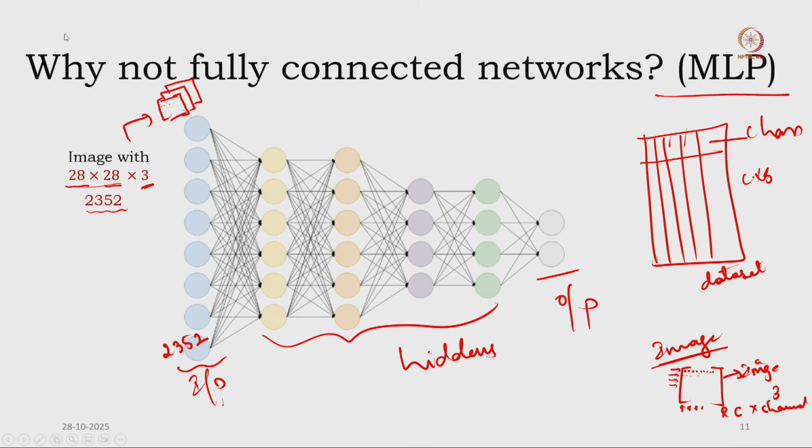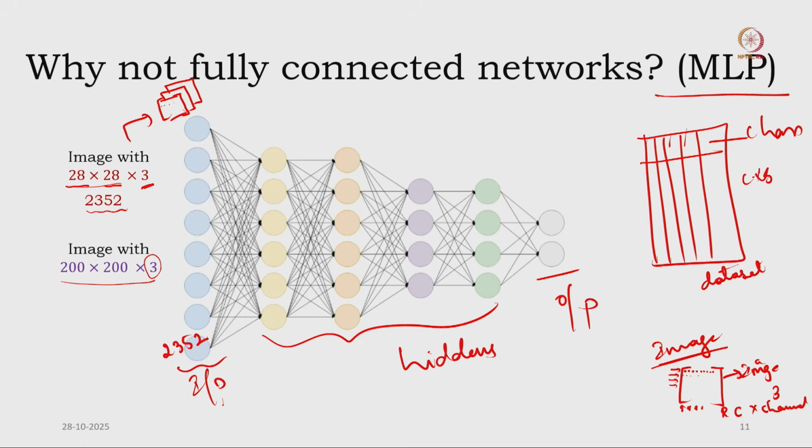And if you look at this 28 cross 28, this is such a low resolution image that you cannot understand any feature present in the image. If you increase the dimension, say someone is working with a colored image of dimension 200 cross 200, the number of channels here is 3.